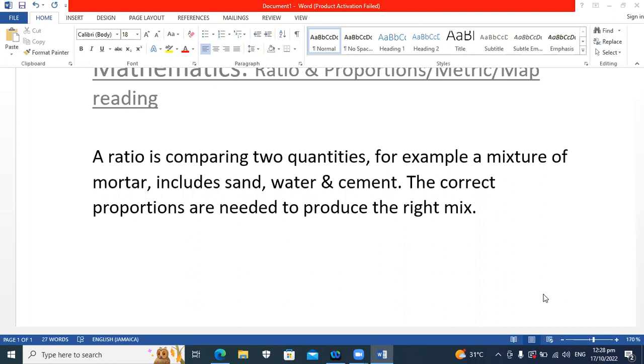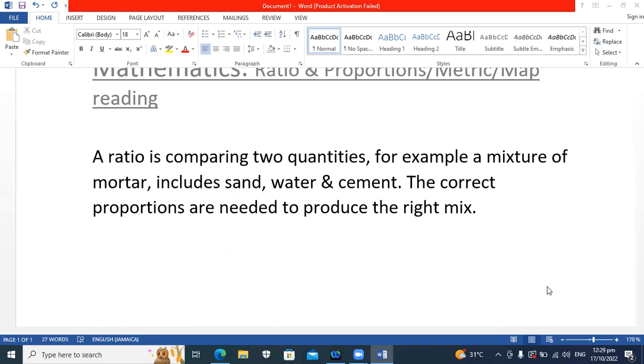What about even drinks, like Tang? It requires a proportion, not true? Mixologists in the bartending thing have to get the proportions correct, not true? So ratio is used widely.